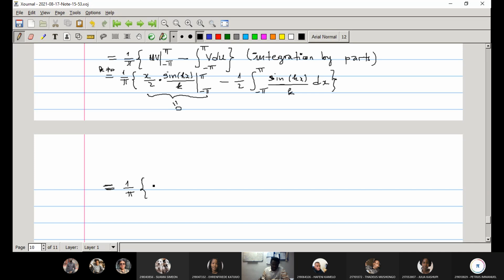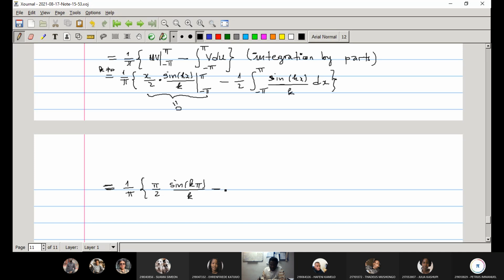So the first one takes the value pi, I have pi by 2 sine k pi by k. Now then there will be minus the same function at negative pi.